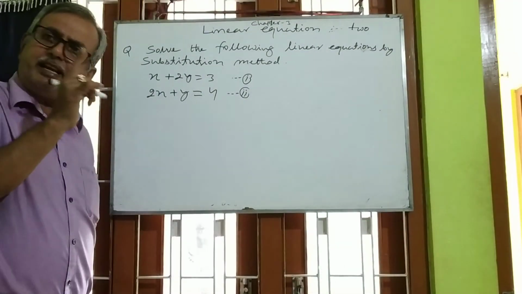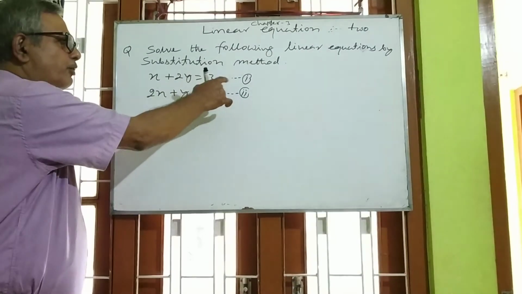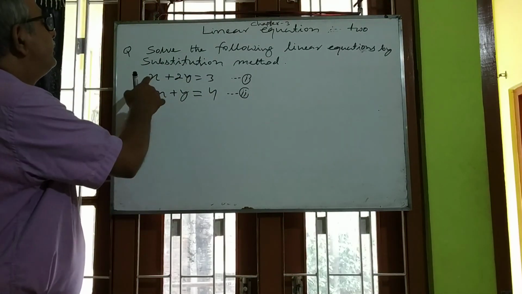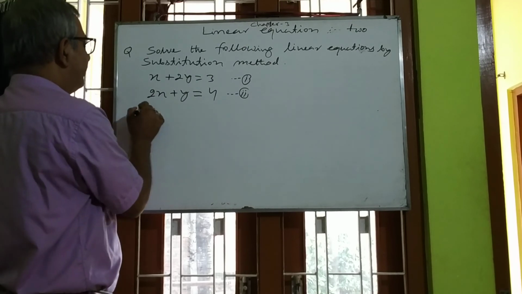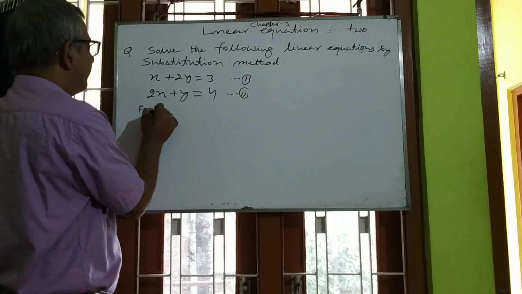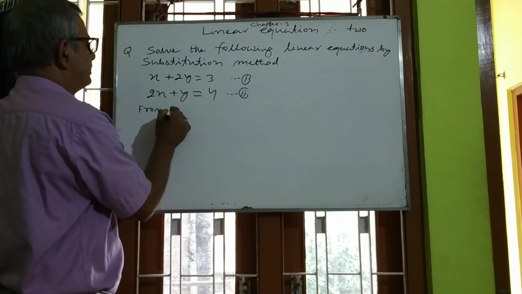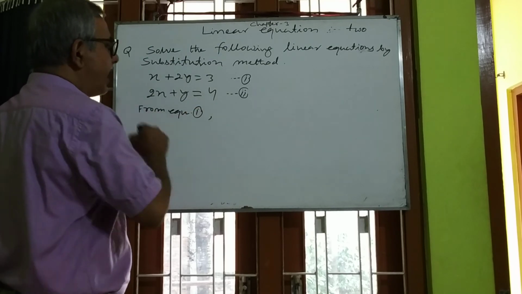First of all, select any one equation, either equation number 1 or equation number 2. You see, from 1 only you take. From equation 1 you write. What you have to do?